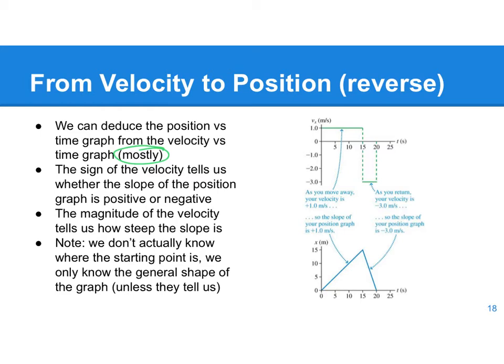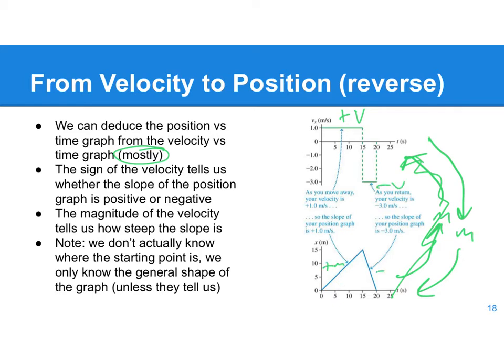So the sign of velocity explains the slope of position. So here I have this nice positive velocity, therefore I have to have a positive slope. Here I have a negative velocity, so I have to have a negative slope. And that'll help explain what's going on with the position versus time graph.